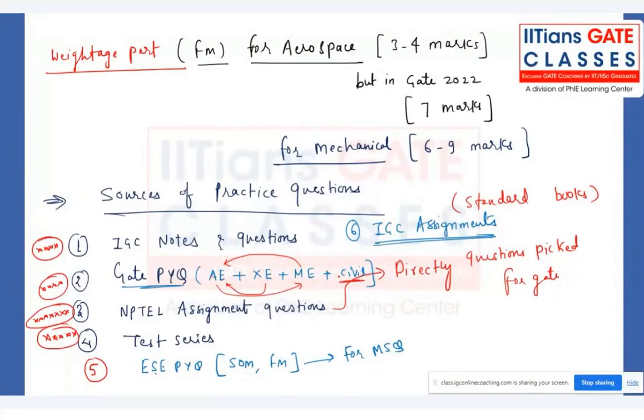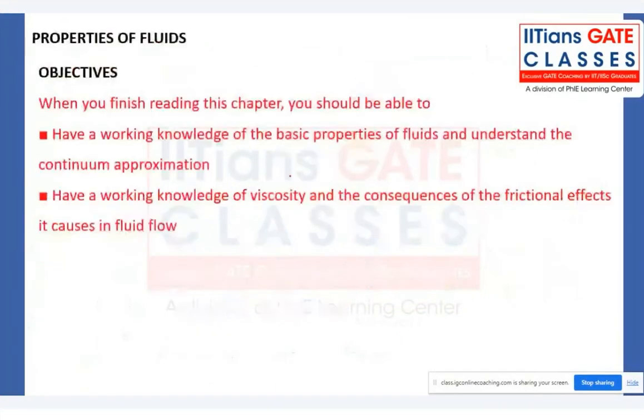Shall I move to the first topic called fluid properties, chapter number one? Note down chapter number one. Case series is very important. Aerospace has been started from 2007 onwards, right?